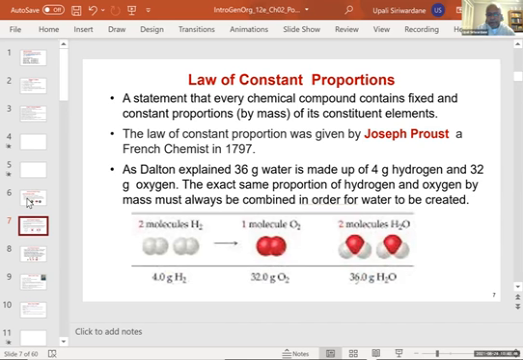The amount of material present in 36 grams of water is always 4 grams of hydrogen and 32 grams of oxygen. Mass is conserved. Atoms combine in constant proportion by weight. It indicates the presence of atomic structure in the matter.